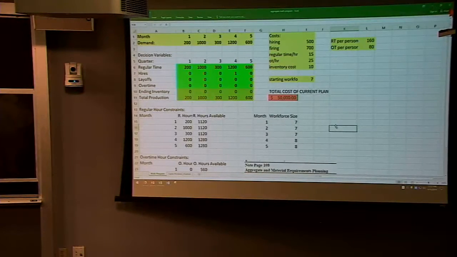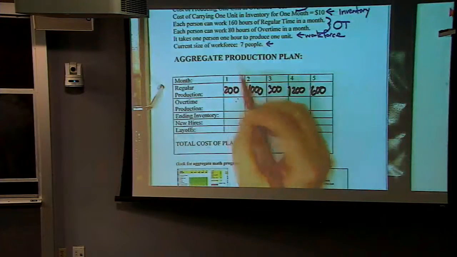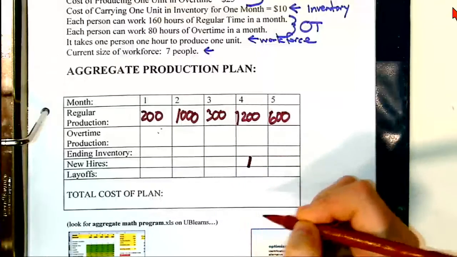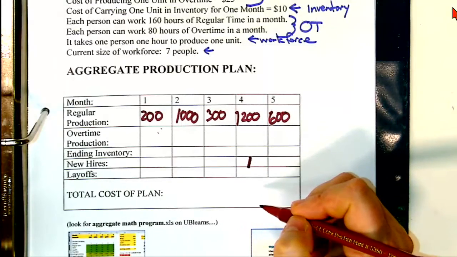So I'm going to copy this to my grid in the note frame. It is a perfect 600. Switch to the visualizer. We hire a person right here in month 4 when we need them.